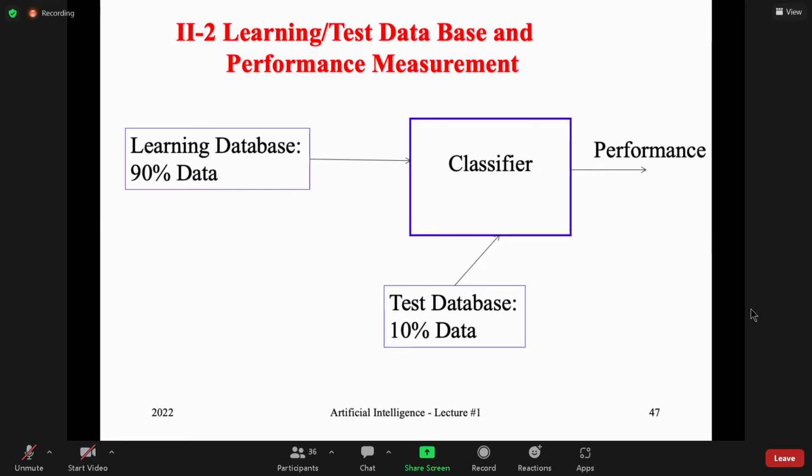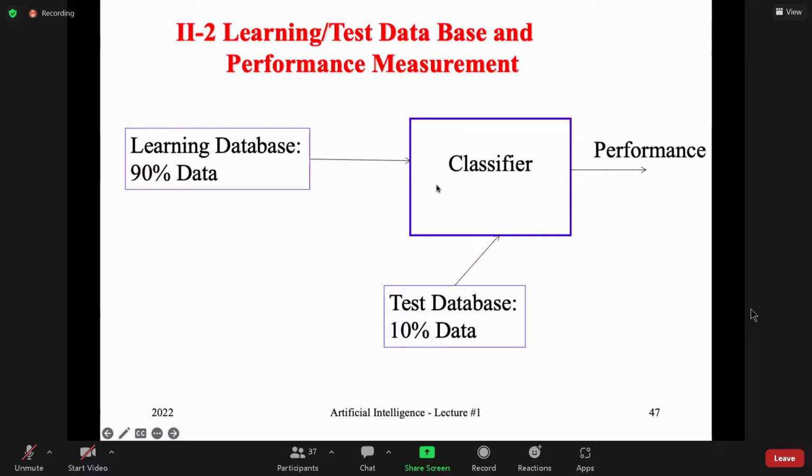We have complex objects to recognize and classify. So the performance is sometimes 90%, 95%, and so on. We have some errors, and we need to measure the performance of the classifiers that we have.